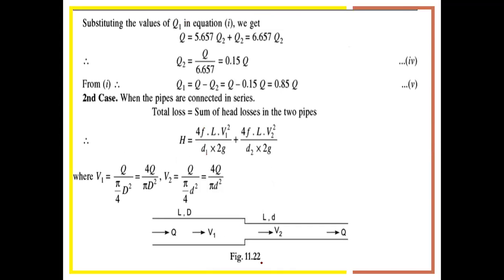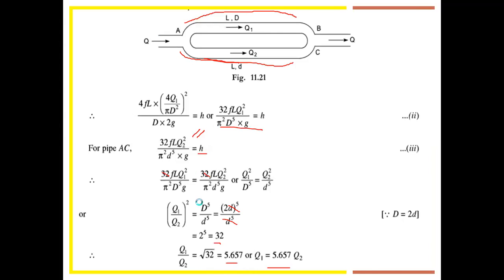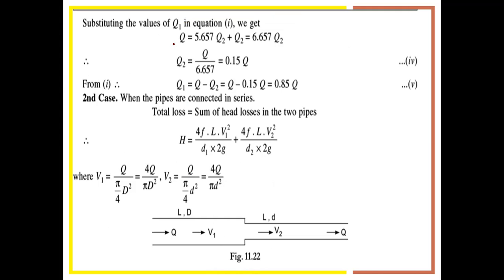Now substituting the value of Q1 in the original equation. Which is the original equation? This equation, Q is equal to Q1 plus Q2. Substituting in this, we get Q is equal to 5.657 Q2 plus Q2, that is equal to 6.657 Q2. Therefore, Q2 is equal to Q by so and so, that is 0.15 Q.